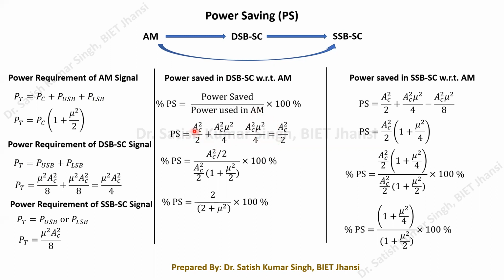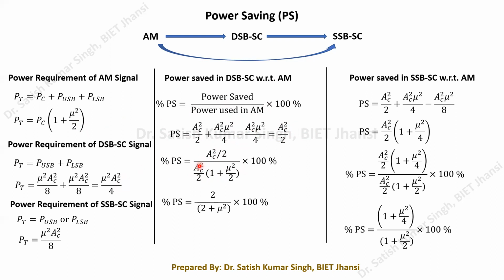So the power in the AM signal was AC square by 2 plus AC square mu square by 4, minus AC square mu square by 4 in the case of the DSBSC signal. So power saved equals AC square by 2. Now we can use this equation. Percentage power saving is AC square by 2 over the power used in the AM, which is AC square by 2 times 1 plus mu square by 2.